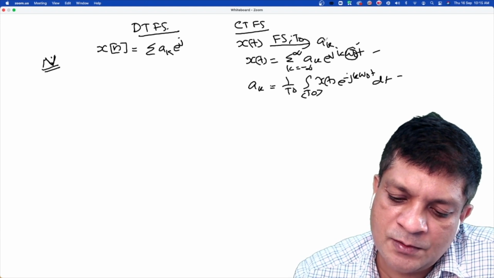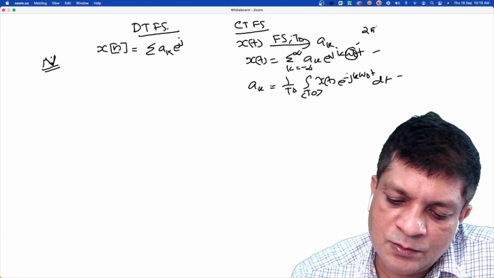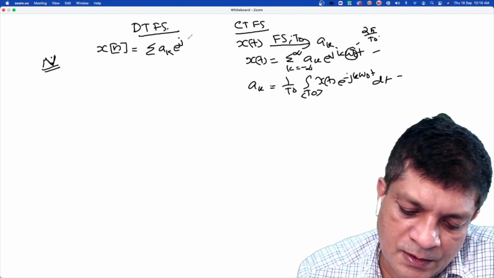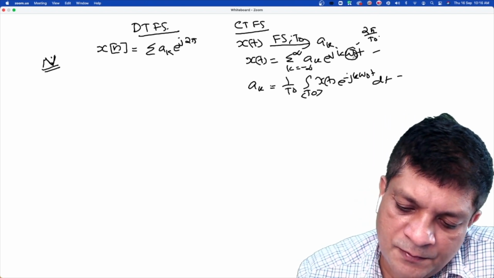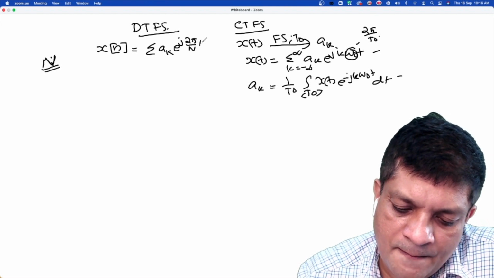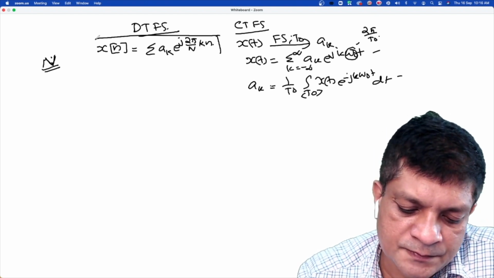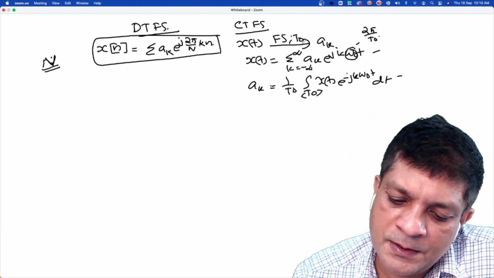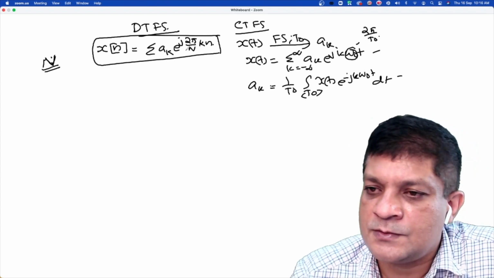What is the relation between omega naught and T naught? Omega naught is 2 pi by T naught, isn't it? So here, instead of T naught, it is N. This is the only difference. Here the period is T naught and there it is N.